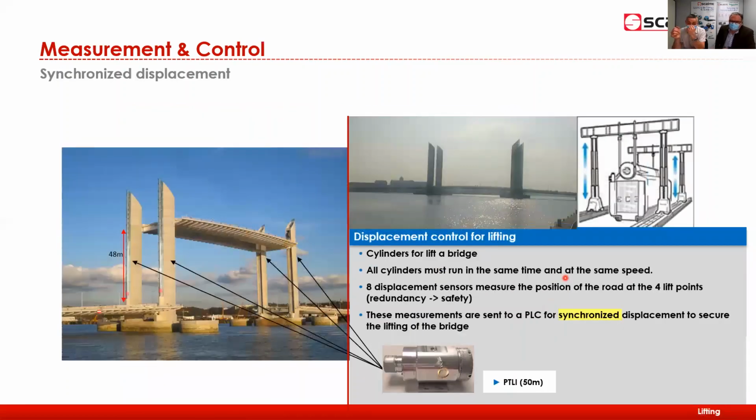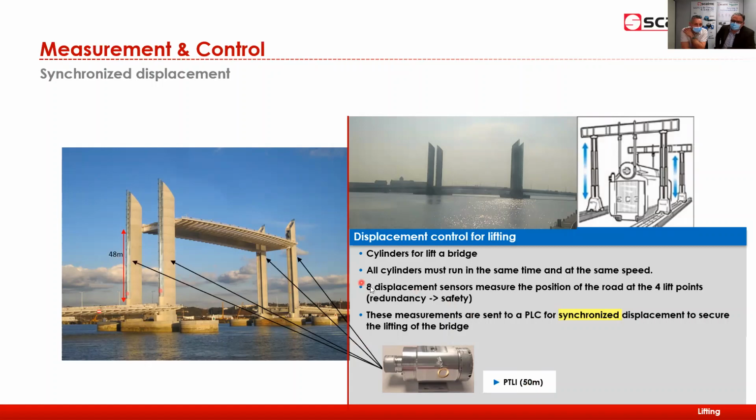Very similar, but here is a bridge in France, just near Bordeaux. We can see the height is 48 meters. So we sell in this application 40 meters full range. There are 4 points to lift the system.